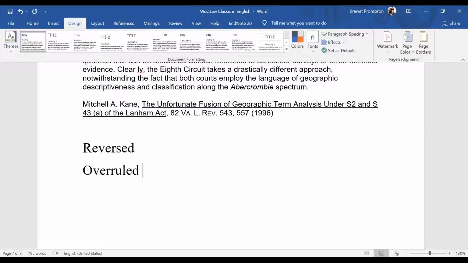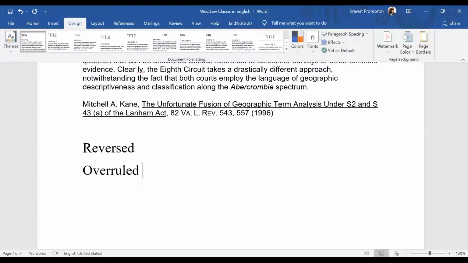So the case will become a red flag. It's not good law anymore because the higher court changed the decision on at least one point in the same case. So to repeat, the definition of a red flag is that the higher court, in the same case, changes or reverses the decision on at least one point from the lower court.